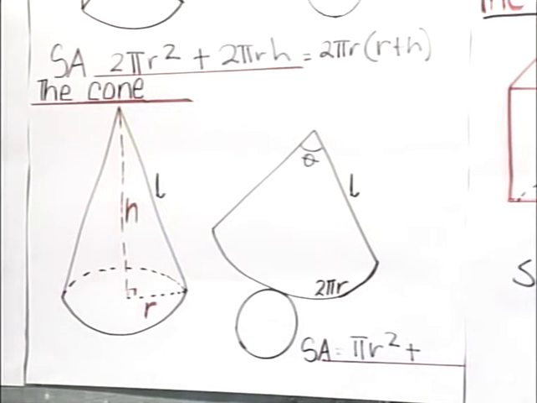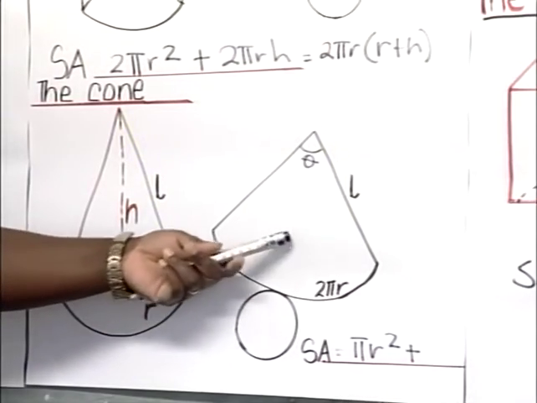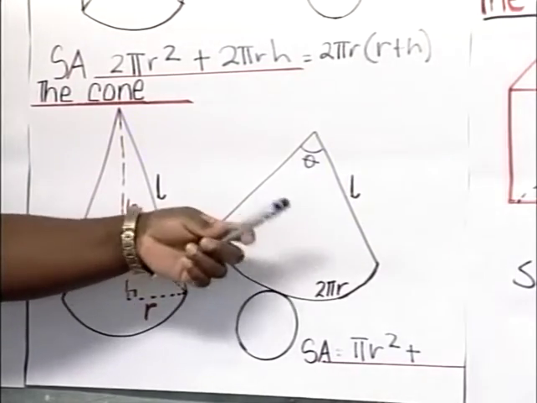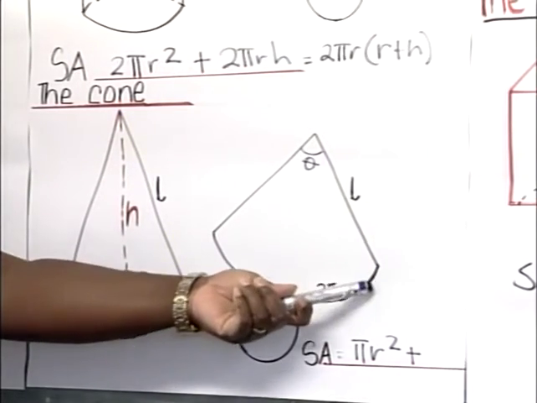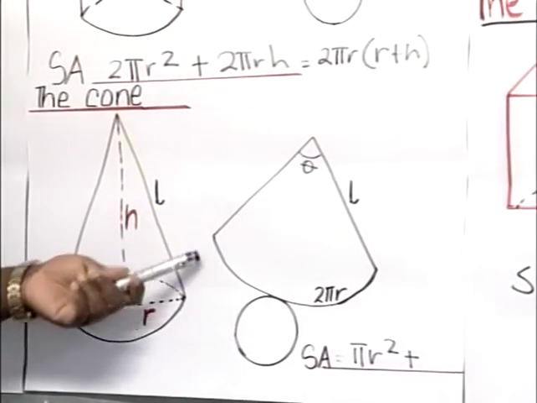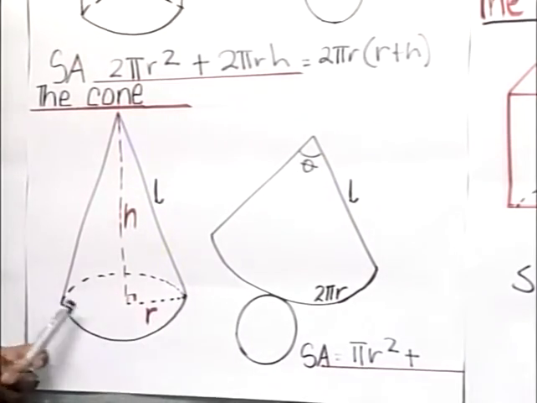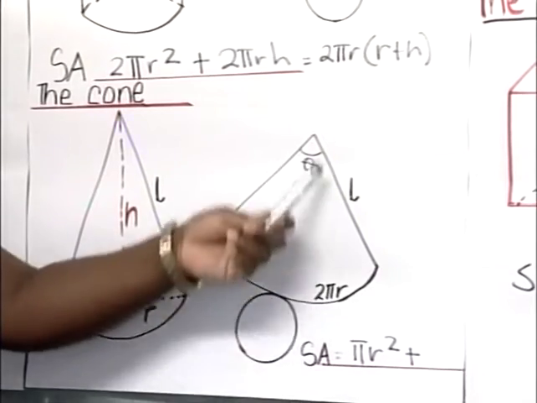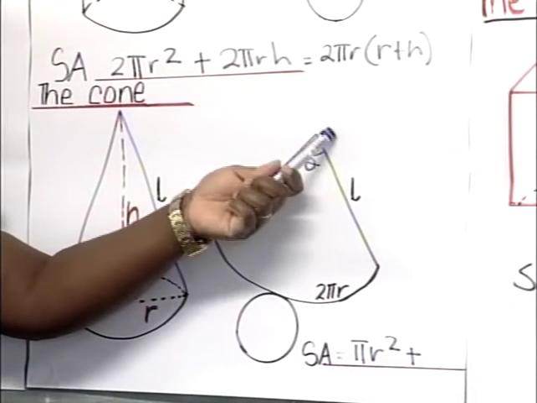Then the area of that would be theta on 360, like Siegfried said, theta on 360 multiplied by pi r squared. In this case, you can see that what I've done is I've given you the arc length, which is actually 2 pi r. It's the same as the circumference of the circular end, right? It's 2 pi r, and this one is the radius.